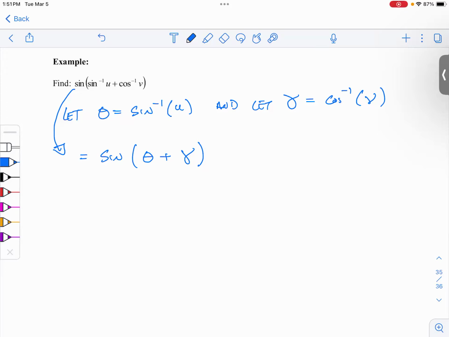But if I use the sum difference formula, the sum difference equation says that sine of alpha plus beta turns into sine of theta cosine gamma plus sine gamma cosine theta. If I just have a trigonometric function of a single angle, I can find that.